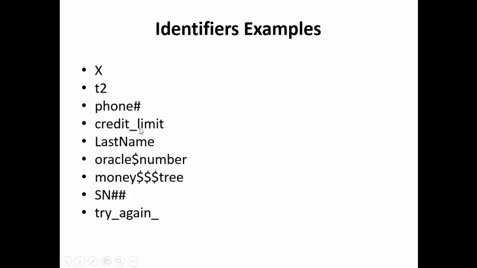Oracle$number is also acceptable. Money$tree is also acceptable. And social security number, SN, and try_again_ is also an acceptable identifier. These are the examples of identifiers.